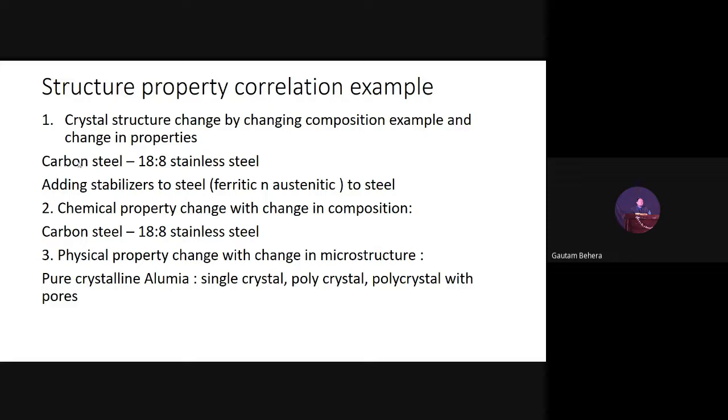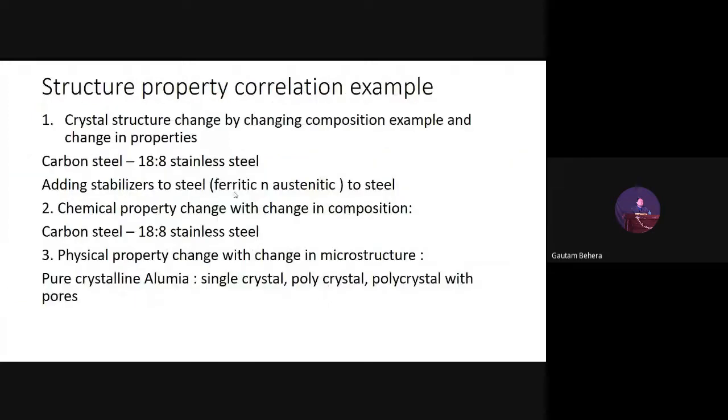Carbon steel only contains iron and carbon, but 18:8 stainless steel contains 18% chromium and 8% nickel. So what happens in carbon steel? We have ferrite structure, BCC, body centered cubic, right? But the moment you go to stainless steel, it becomes FCC basically.